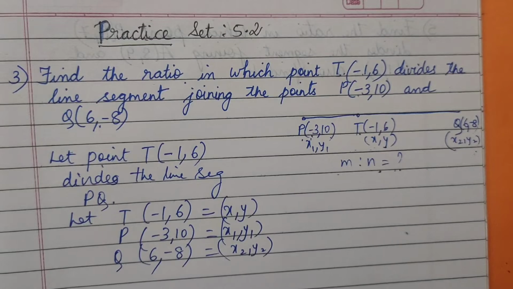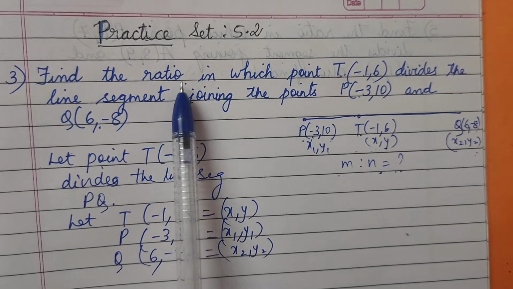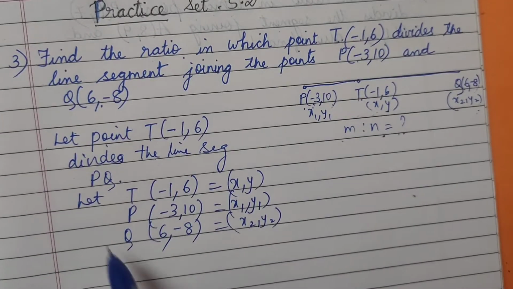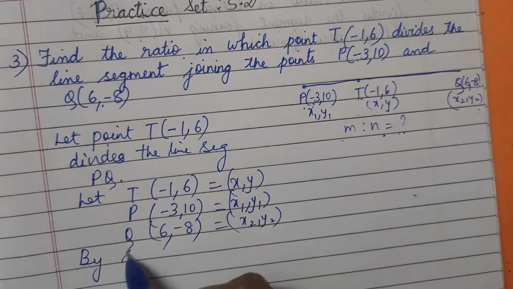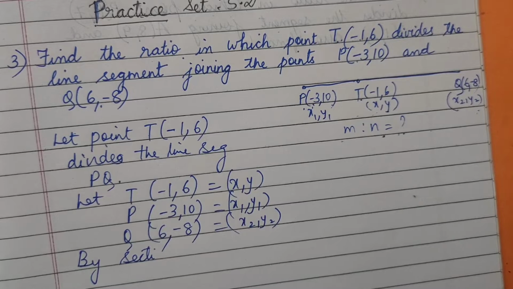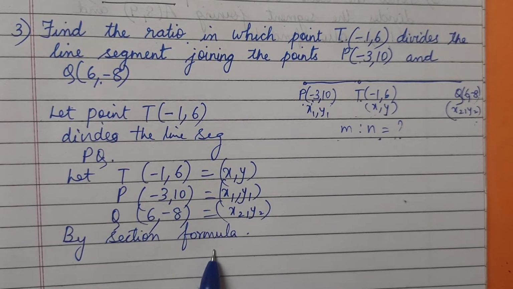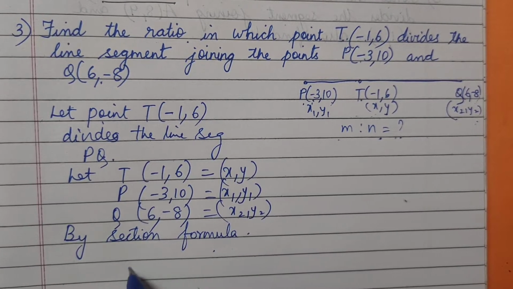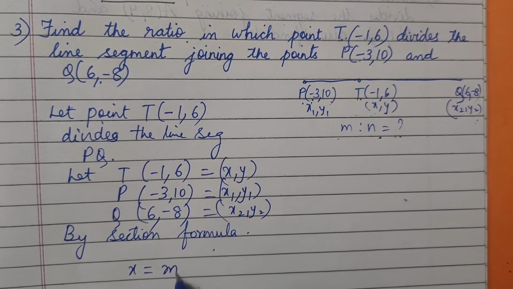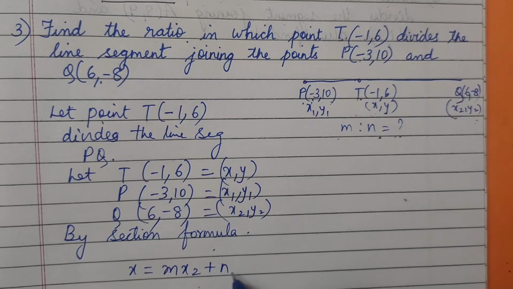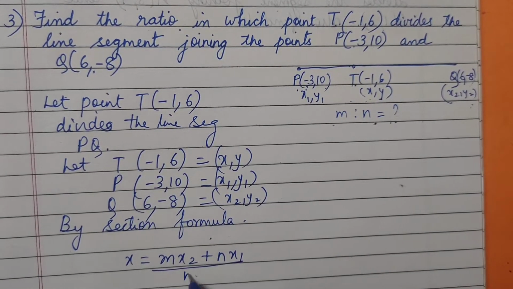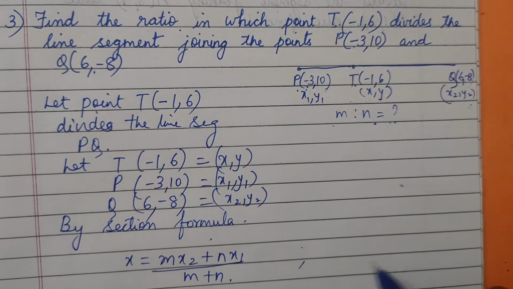Now, as I said, a ratio is asked. That means we are using the section formula. In the section formula, x equals mx2 plus nx1 upon m plus n, and similarly we write for y.